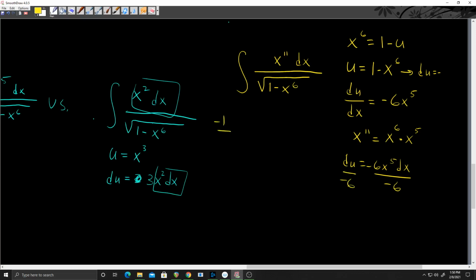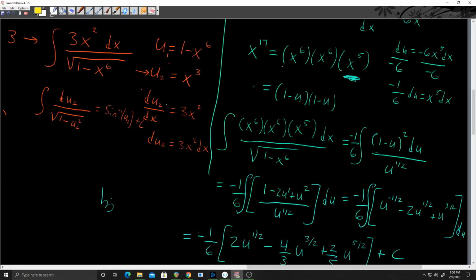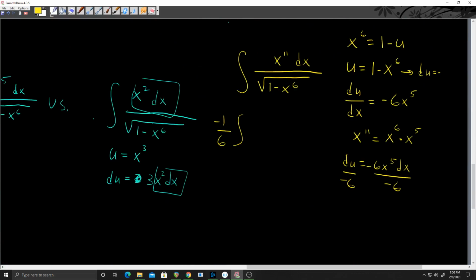And we get negative 1/6 integral of x to the 6 times x to the 5 dx over the square root of 1 minus x to the 6.